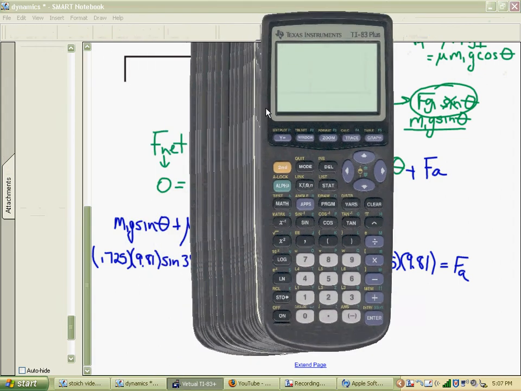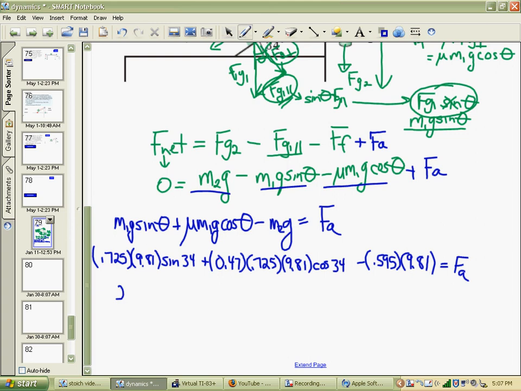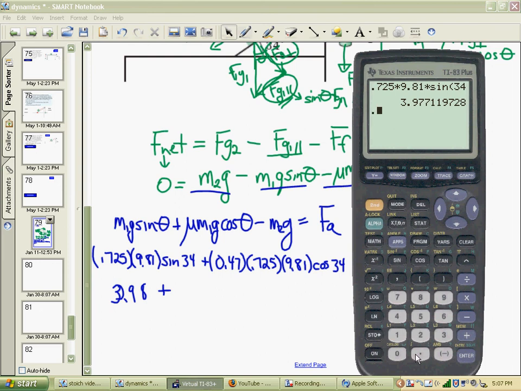So we turn this on. We have 0.725 times 9.81 times sine of 34. We'll write it down in steps, so that's 3.98. So 3.98 plus, back to our, so we have 0.47 times 0.725 times 9.81, and cosine of 34.